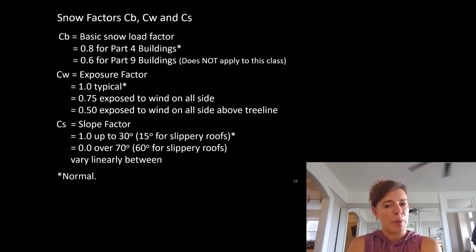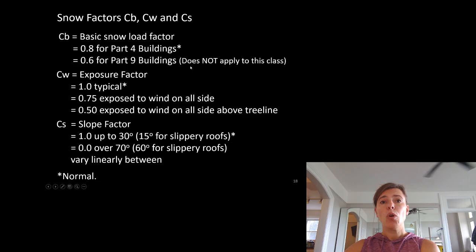I'm hoping the video recordings are going to change this, because inevitably somebody applies 0.6 as the basic snow load factor. I'm always baffled because the only place they can get that number is right here, where it literally says in the same slide, do not use this in this course. So for us, CB is 0.8. It's just 0.8. We're going to use it as 0.8.